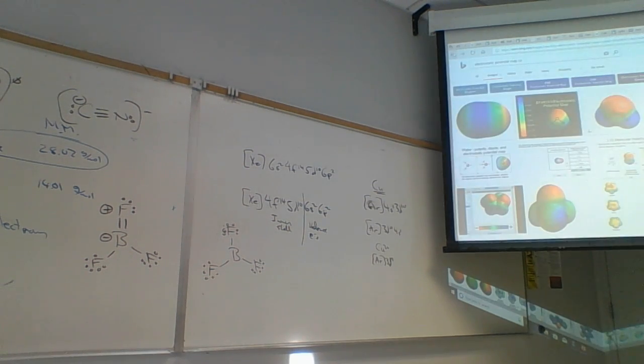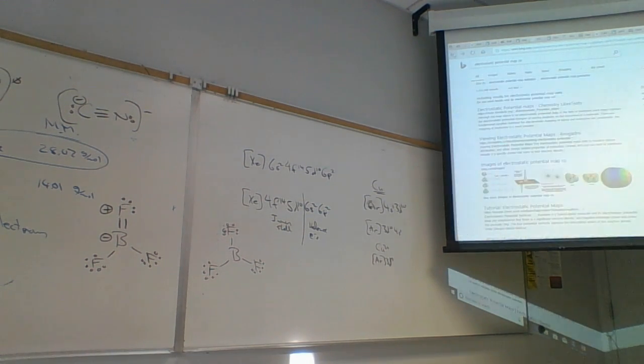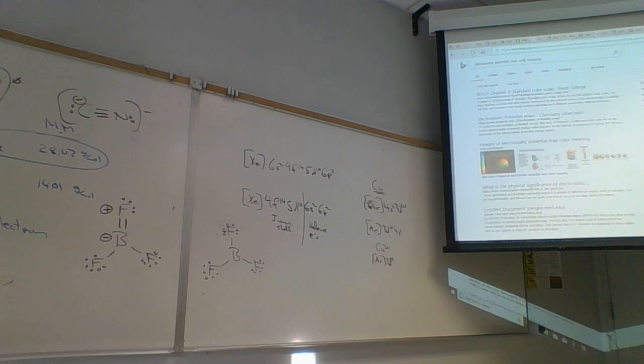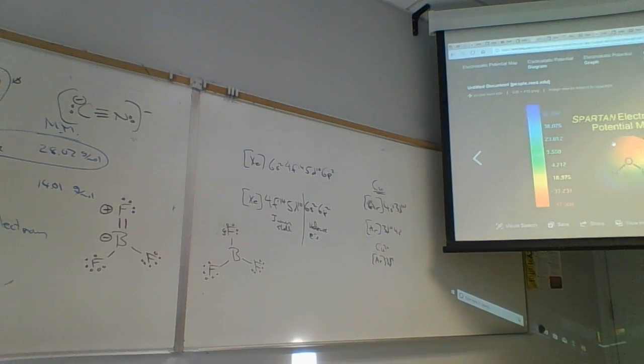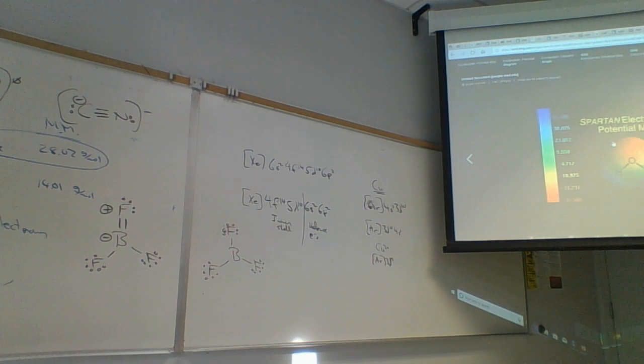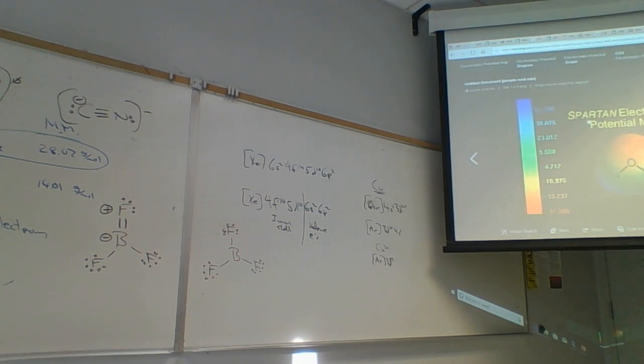It's always confusing, because red terminals on batteries are the positive terminals. Spartan is a very popular quantum mechanics calculation program.